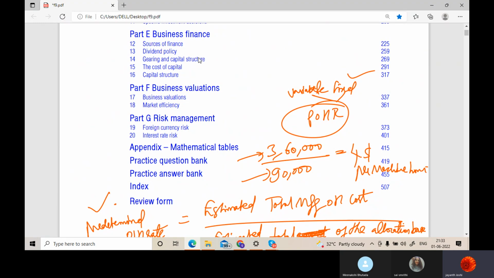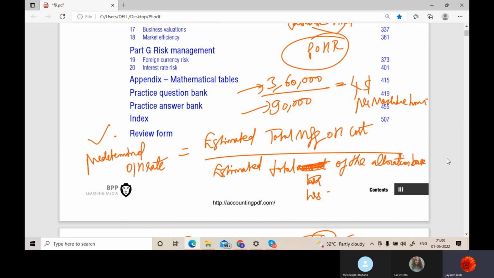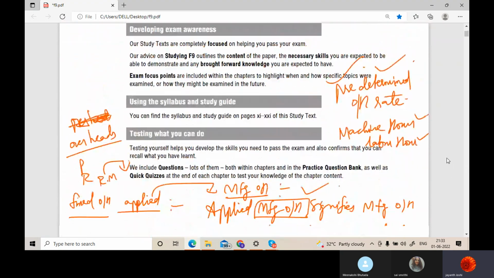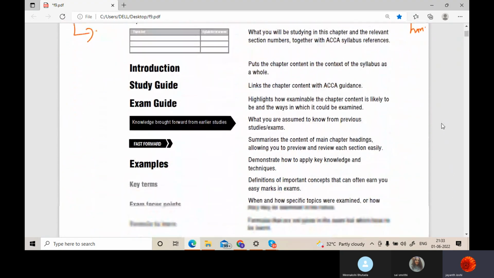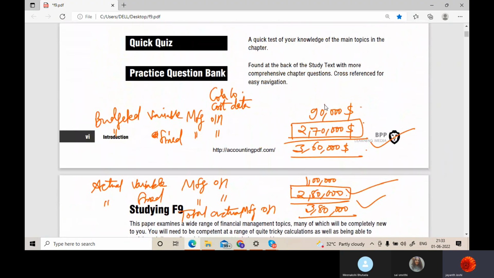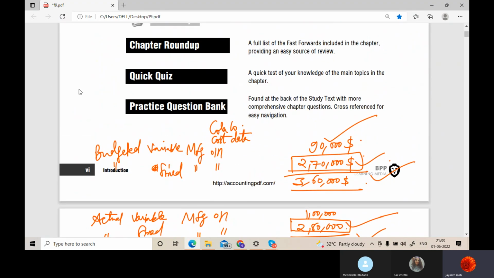See, when you see your question, this is the variable element and this is the fixed element, correct? So I will take 90,000, which is the budgeted estimated variable manufacturing cost, divided by 90,000 budgeted hours. I get $1 per machine hour.